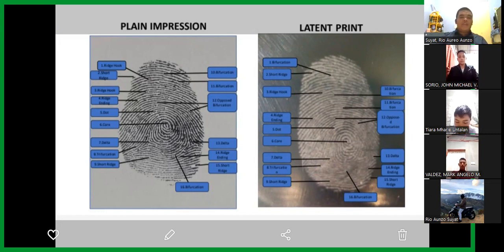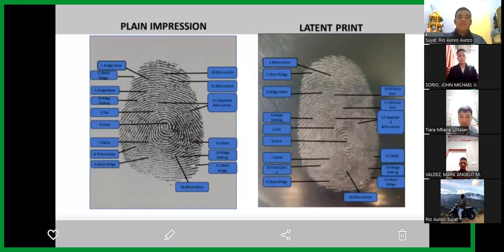Like bifurcation, the point where a friction ridge forks and becomes 2 separate ridges. Enclosure or ridge island is a formation where a ridge bifurcates and rejoins to become one in a short distance.